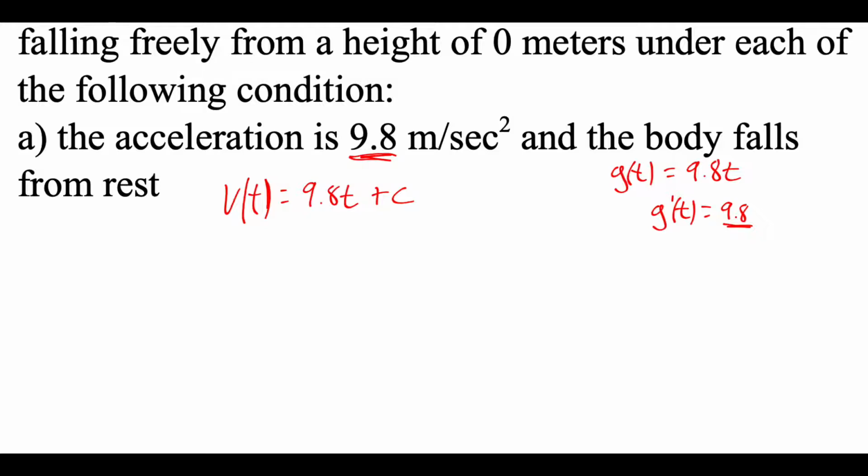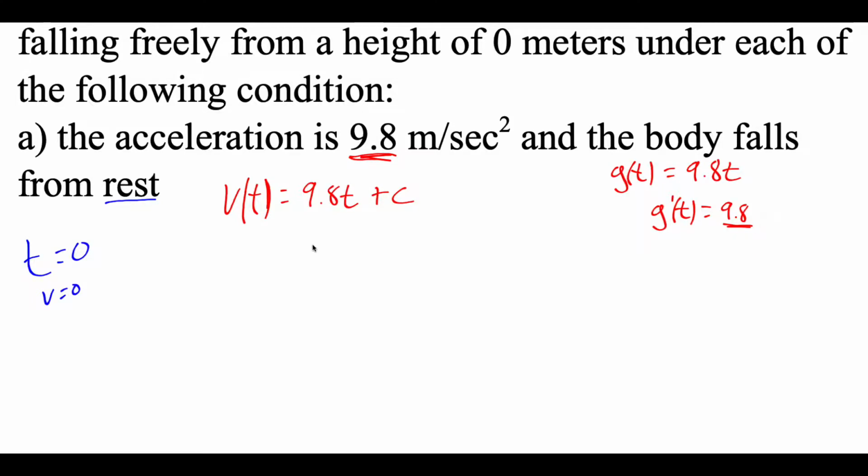And then, like we talked about earlier, this body is falling freely from rest. So what that means is that at a time of 0, our velocity is 0. There wasn't any outside push or throw to this. It's just that split second that we let go, it's got a velocity of 0. So we can plug this information in here to help us figure out what that c value is.